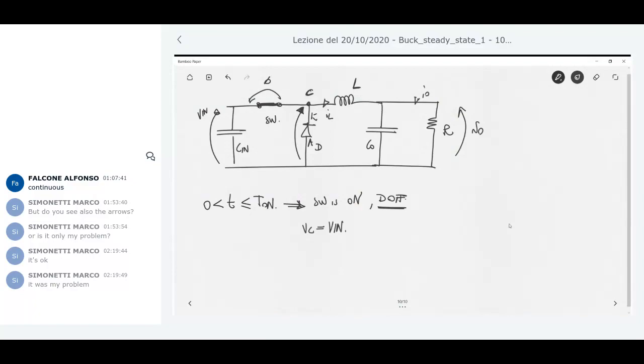So the diode is off because it is reverse biased by the voltage. My hypothesis is that the diode is an ideal diode, so I can replace it by an open circuit.